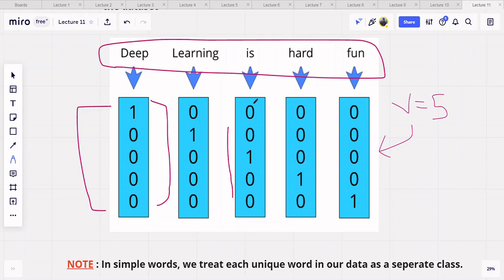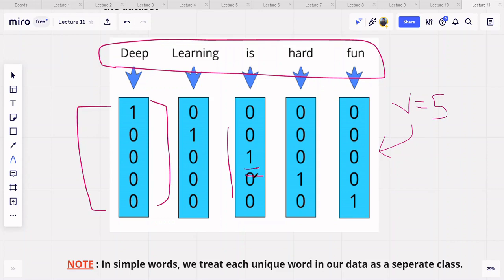So it's a lot of waste of memory and time, because you can observe that it's not efficient to create one big vector and place just one at a particular place, just to represent one unique word.